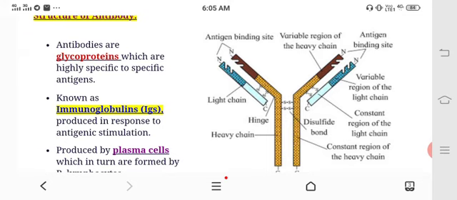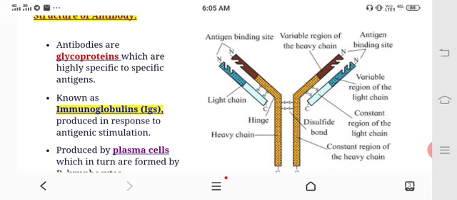Each antibody is specific for a particular antigen, and the binding site of these antigens is called the antigenic determinant, also called epitopes. And the binding site of these antibodies, the antigen binding sites, are called the paratopes.